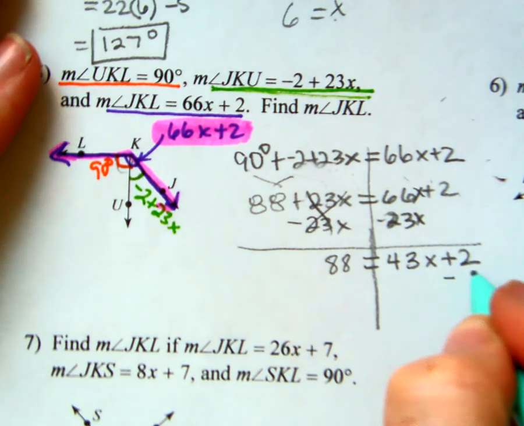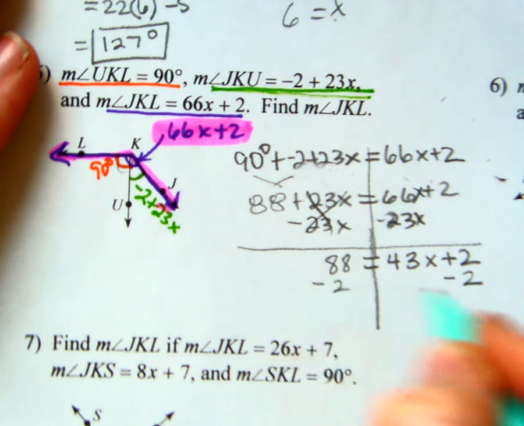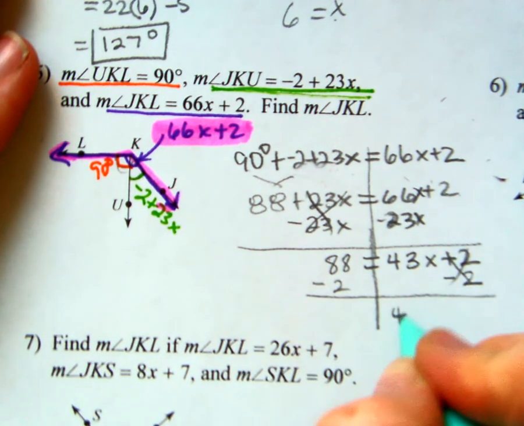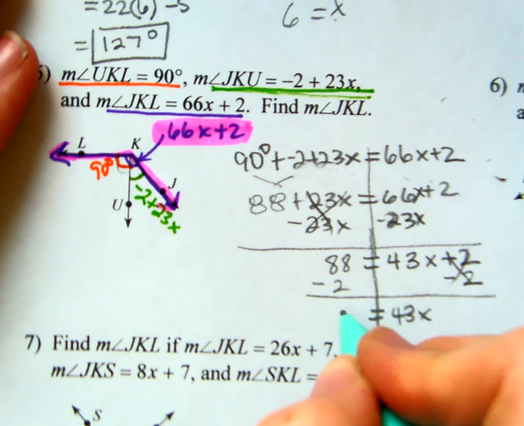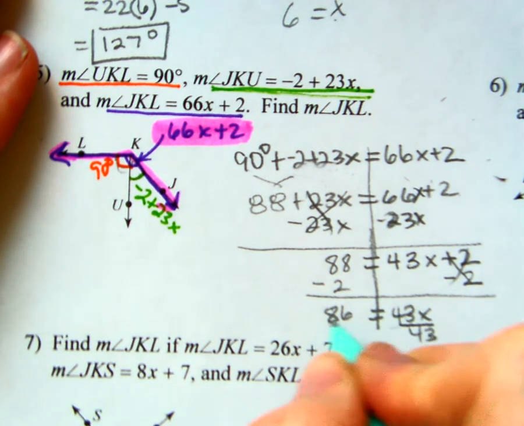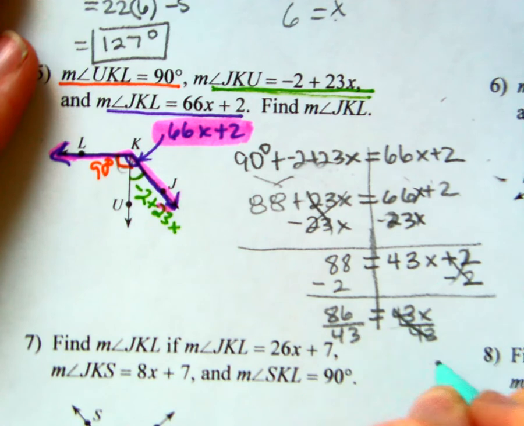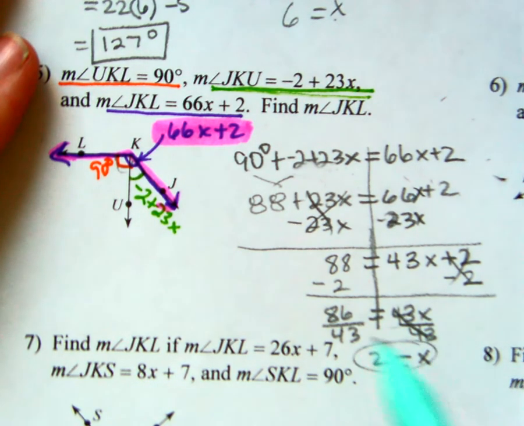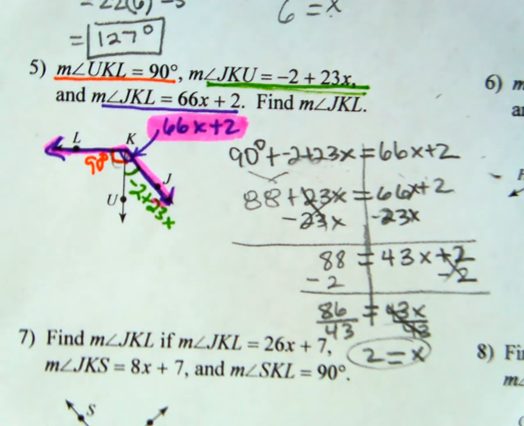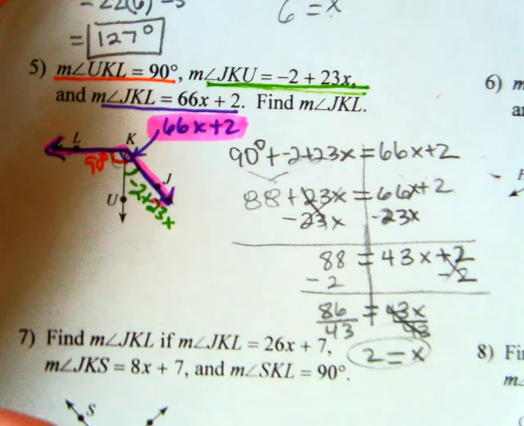And then still solving for x, I'm just going to subtract 2 from both sides. 43x is equal to 86. Divide by 43. And looks like x is going to be 2. So x is 2.